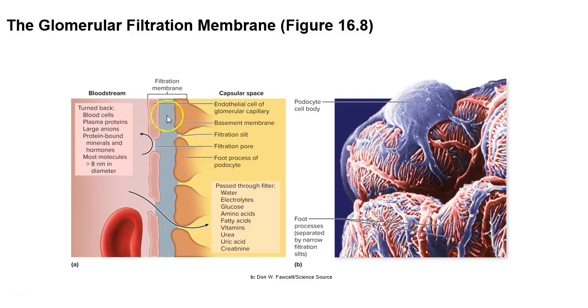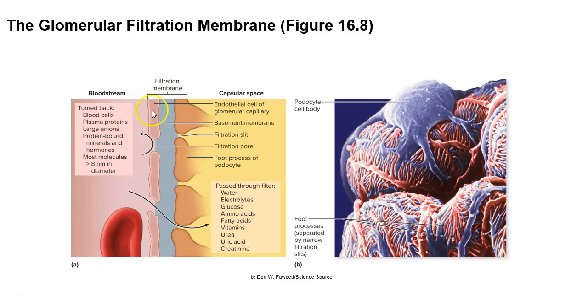Once the materials come through the filtration pores, they should then be able to pass through this basement membrane. And finally, after the basement membrane, they will pass through these filtration slits in between these podocytes. That's the cells that are kind of lining these capillaries here. And once they come through the filtration slits, they can enter into that capsular space where they can then enter into that renal tubule and continue on their path. So this is the filtration membrane here.